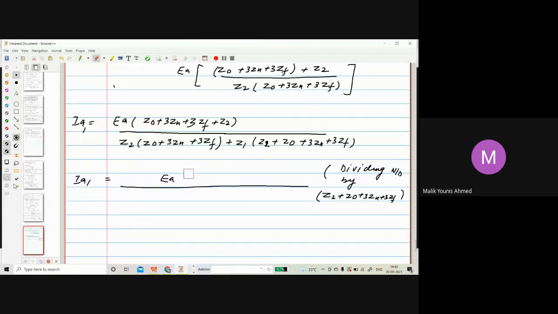Now exactly what is there with the Z1, we are dividing that. So it will be Z1 plus Z2 multiplied by the same term, 3ZF divided by what we are dividing with, Z2 plus Z0 plus 3Zn plus 3ZF.